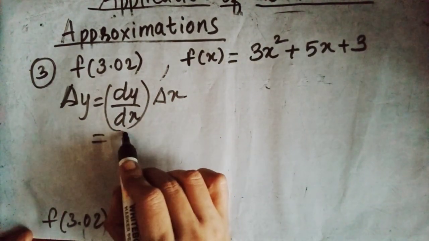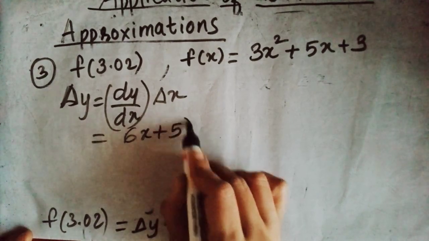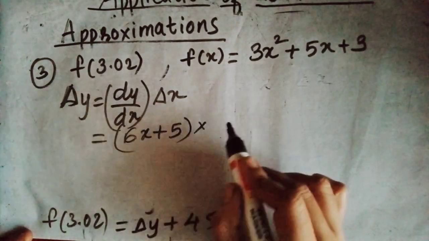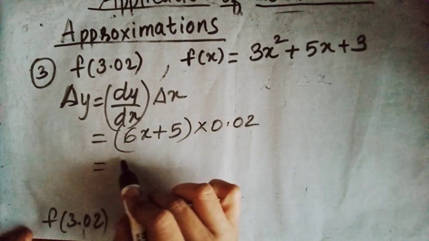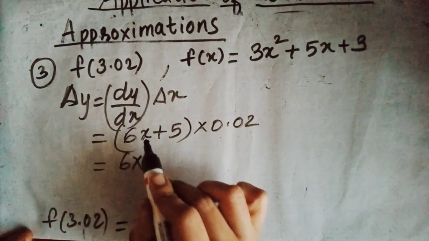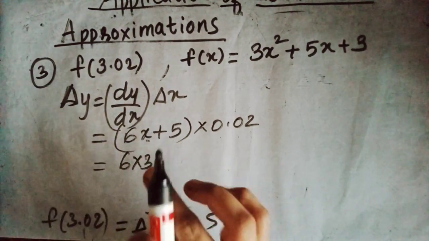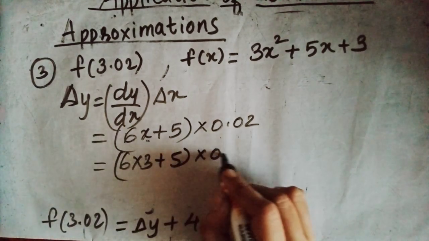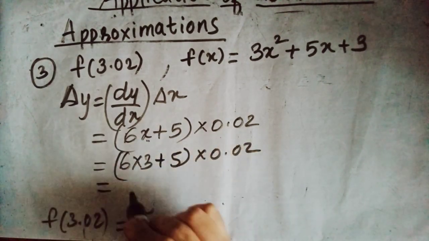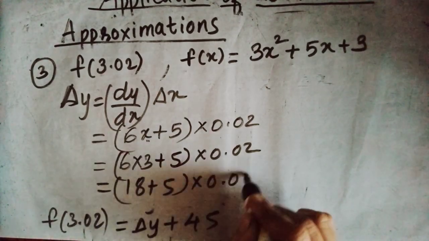This is your 6x plus 5, and delta x is 0.02. So 6 into 3, you have to put 3 here, the x value. 18 plus 5 into 0.02.